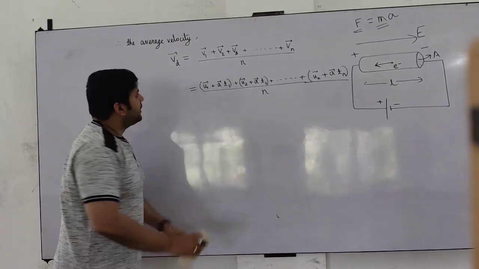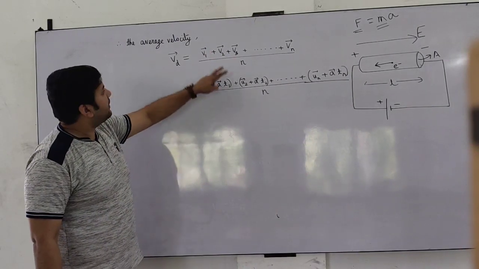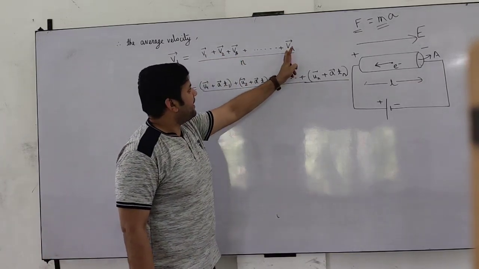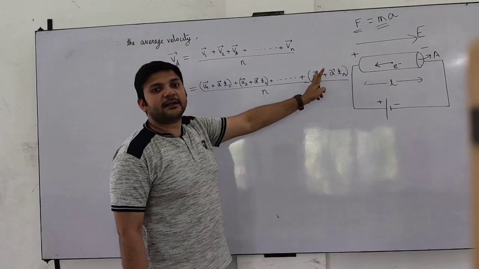We just put v1 equal to u1 plus a t1, v2 equal to u2 plus a t2, dot, vn equal to un plus a vector tn.